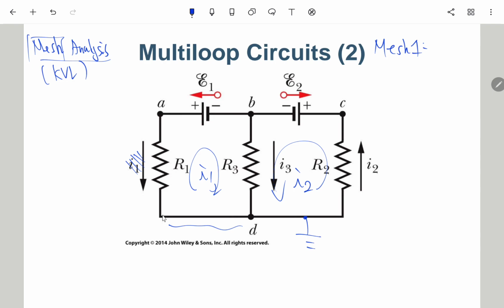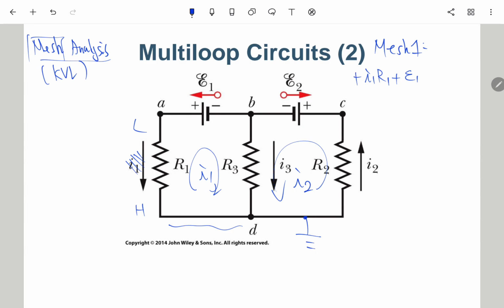Let's consider this is high, this is low, and we define this direction as positive. So we have I1 times R1, and then going through this E1, this is also high, this is low, so this is a positive E1.